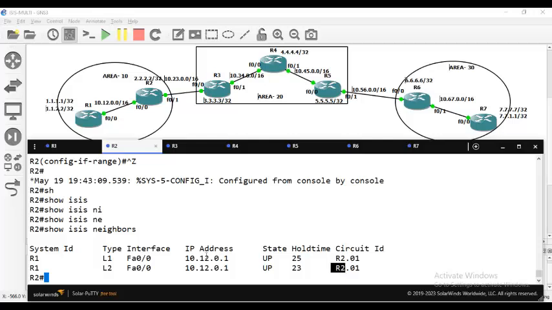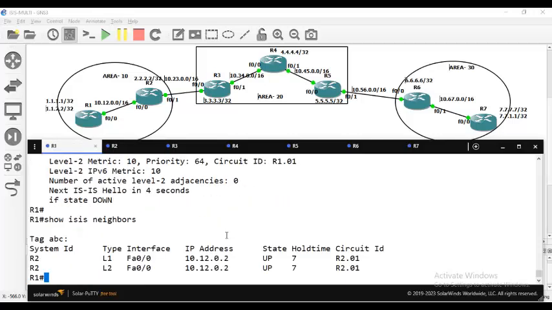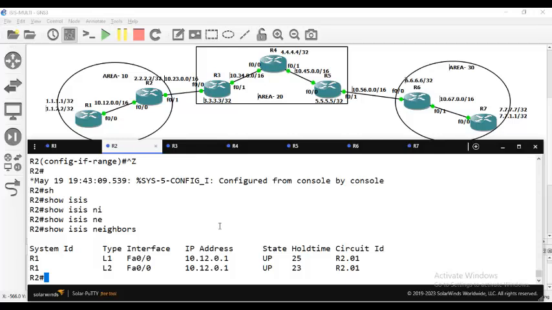Go to ISIS and see neighbor. Show ISIS neighbor detail. It says R2 L2 neighbor.